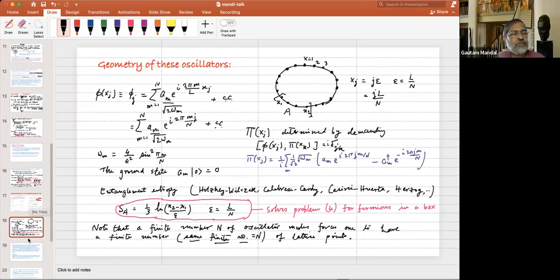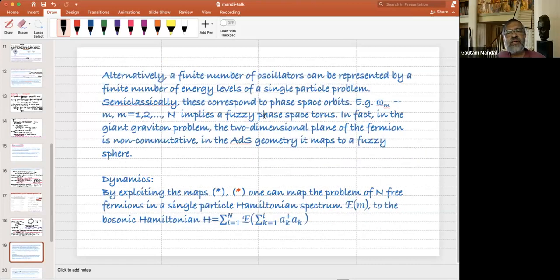Okay, so there's another possible representation in terms of fuzzy tori and fuzzy spheres, where remember that if I have a finite number of oscillators, that's like a single particle with a finite number of energy levels. In a semi-classical representation, energy levels correspond to phase space orbits, but if they stop at some finite point, that corresponds to a fuzzy torus.